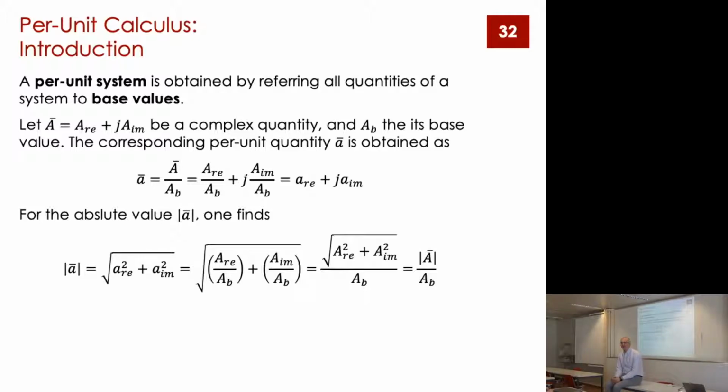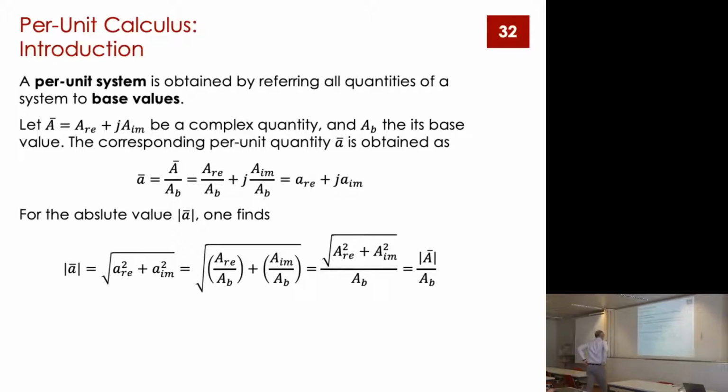So playing with numbers that have differences in amplitude of several orders of magnitude is not good. So in order to solve this problem and have all the quantities moving between 0 and 1, let's say close to 1 in general, we use the per unit value method.